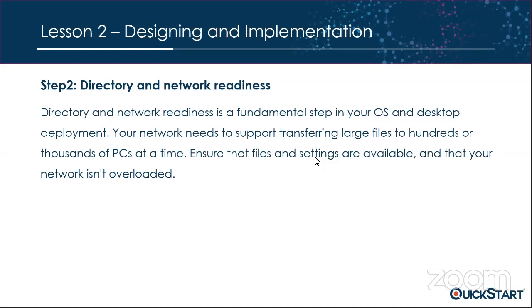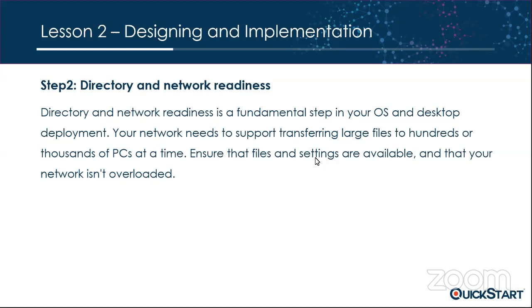So you need to plan the bandwidth to accommodate the user's files. And last but not least, it can go up to 20 GB per PC, right? And in some cases it goes up to 100 GB. It depends upon the user's files and everything. So you need to concentrate on how the network readiness works.